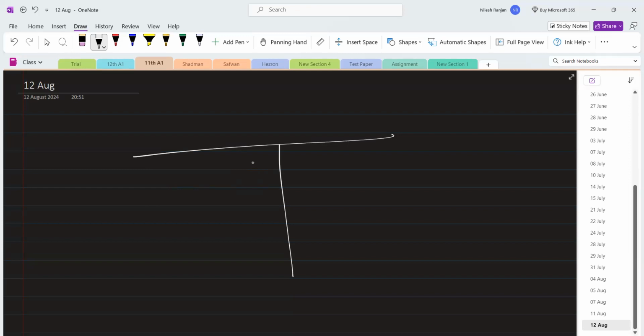For the first transaction, capital, it's 1 lakh. Just tell me the amount. Okay, 1 lakh. Then 5,000. Then 2,000.